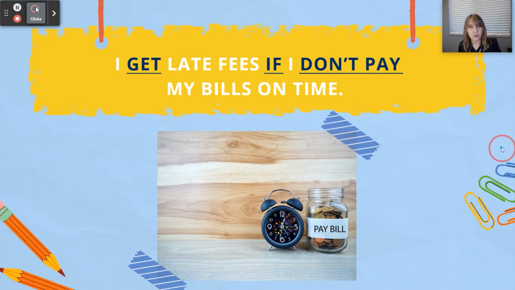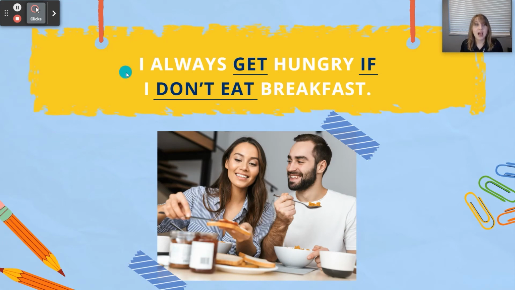Let's see what else we have here. I always get hungry if I don't eat breakfast. We start again with the result. I always get hungry. We use present simple form. And where is the condition? The condition is if I don't eat breakfast. By the way, pay attention to the condition. We use negative form here. It's a present simple negative form.